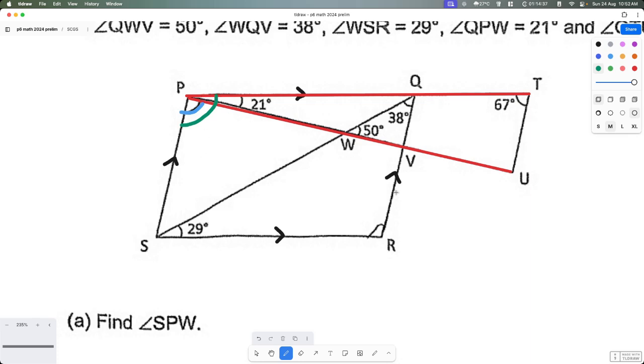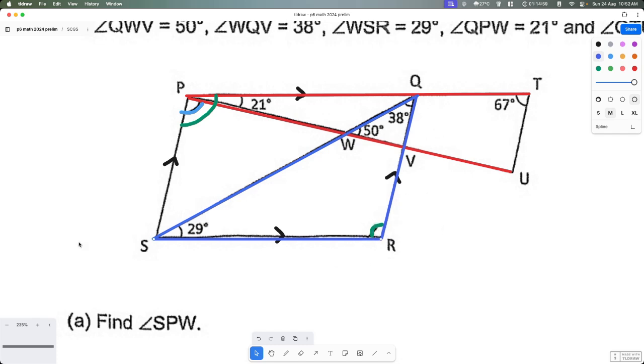If you know a parallelogram, opposite angles are the same. And if I highlight another triangle, let me make it blue. You can see this triangle over here. In this case, we have 38, we have 29, and we have this green one.